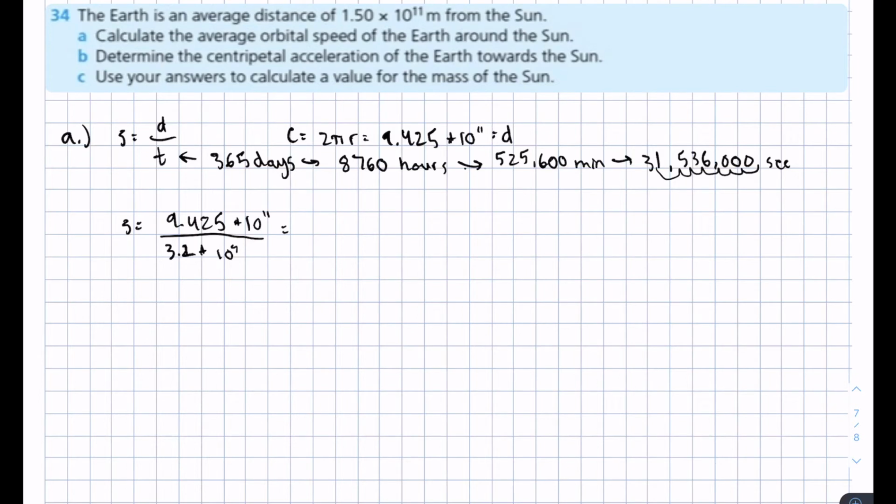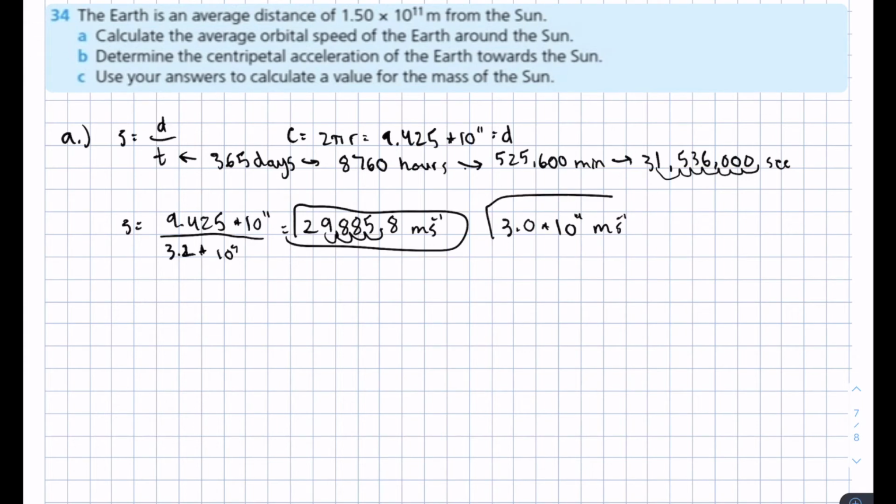So the speed is going to equal 29,885.8 meters per second. And this can also be rewritten as 3.0 times 10 to the power of 4 meters per second.